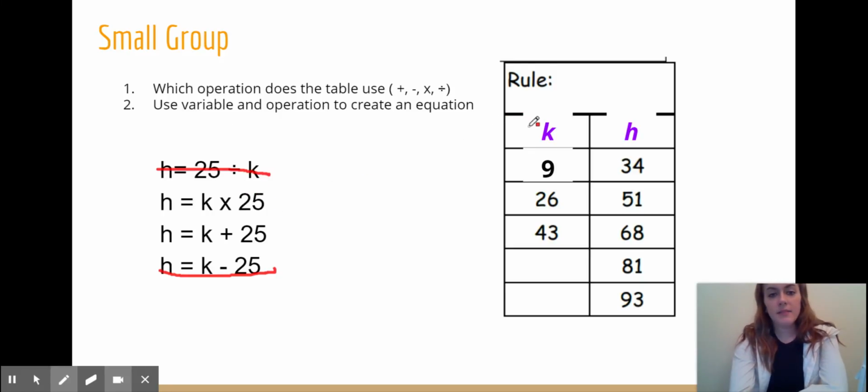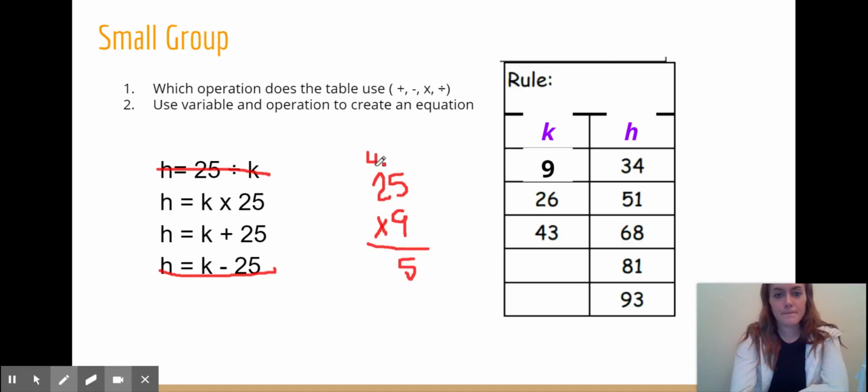K times 25 gives me 34. Well, that would mean my K in the first column is 9. So 25 times 9, does that equal 34? I can already kind of guess, but why not double check? 9 times 5 is 45, so I put my 5 down here and I carry the 4. 9 times 2 is 18, plus 4 is 22. 225.